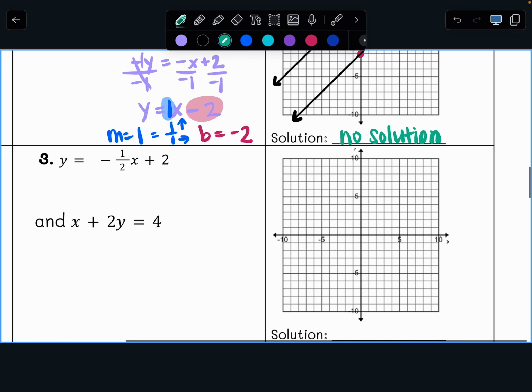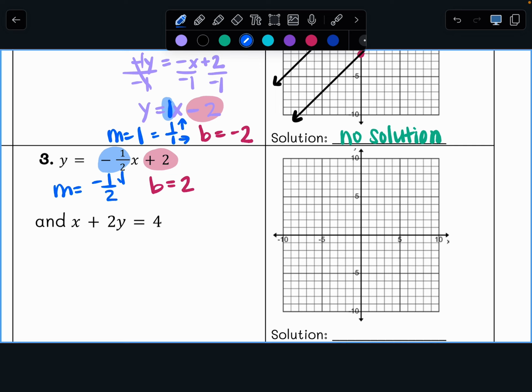All right, number 3, y equals -1/2 x plus 2 and x plus 2y equals 4. First equation is in slope-intercept form. B is 2. M is -1/2, so this is going to go down and to the right.